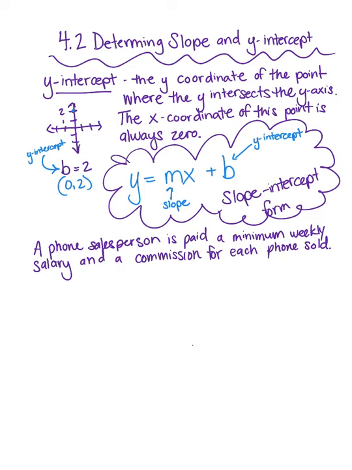So we're going to make a table of that. Then we need to first confirm that the relationship is linear or constant, and give the constant rate of change and the initial value.